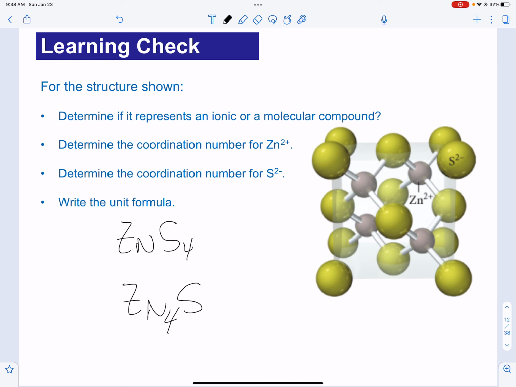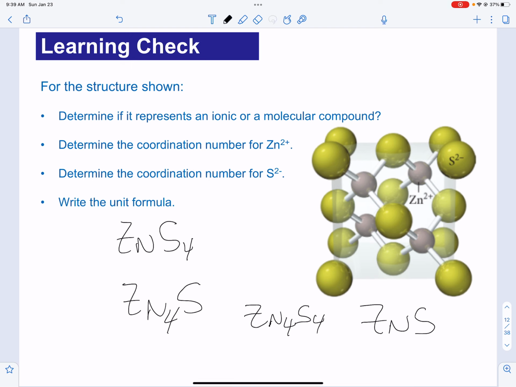So we can say then that the formula is, but we know that's an ionic compound. So when we do formulas for an ionic compound, we learn in Chem 1 that we have to simplify the numbers. So in reality, that is the formula.